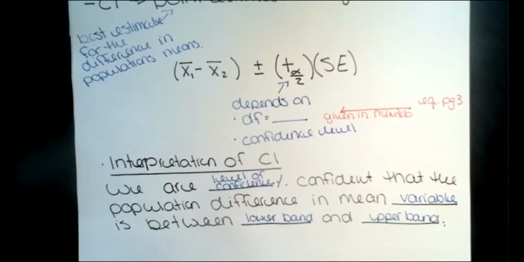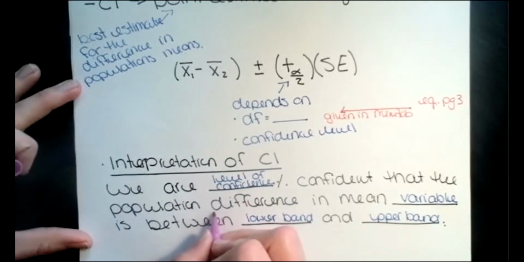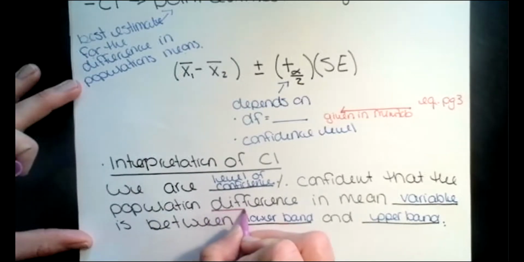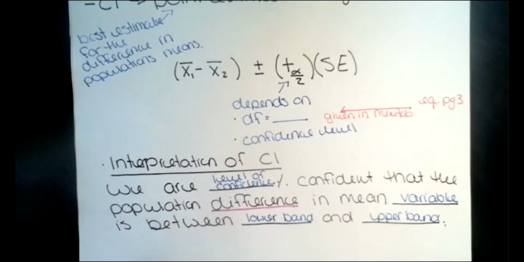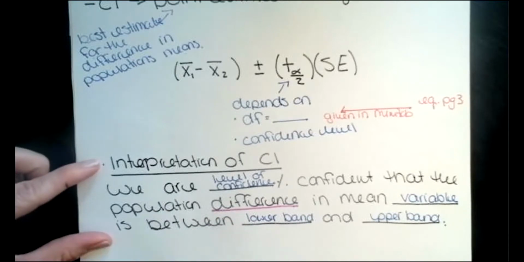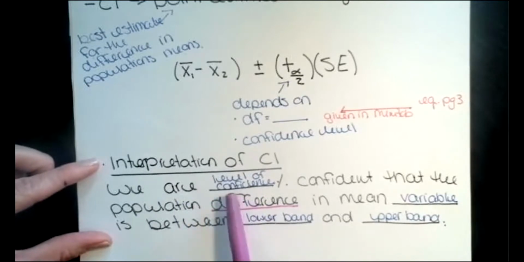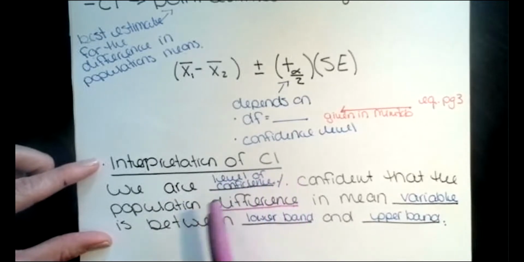Okay. So what I want you to notice is this word difference. I definitely look for this. So if you noticed on last exam, if you missed the word difference, then there was definitely points taken off because that's a big deal, right? Because that's telling you what you're studying, okay? So remember for my CIs, I'm looking for very specific pieces. The pieces I'm looking for here are my confidence level, population difference, and means, okay?